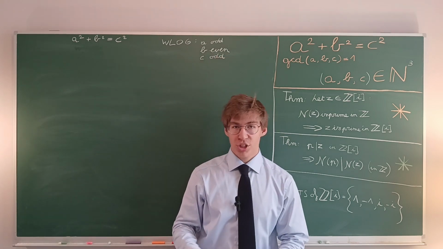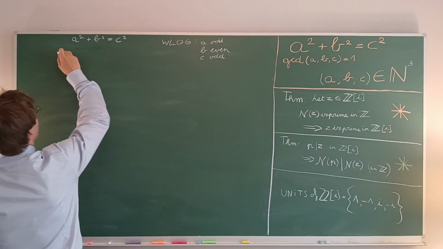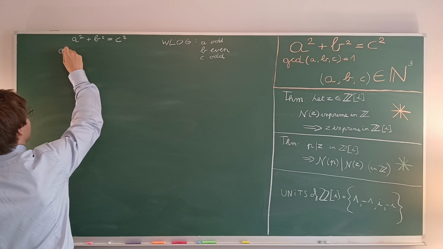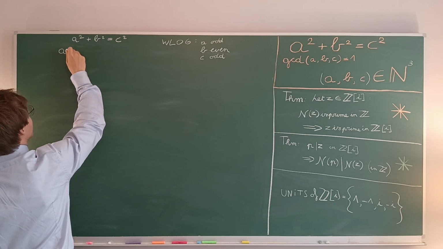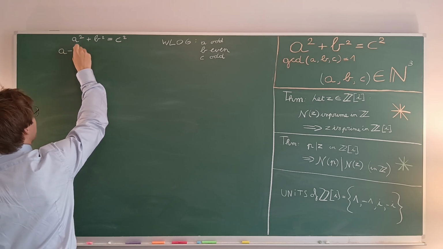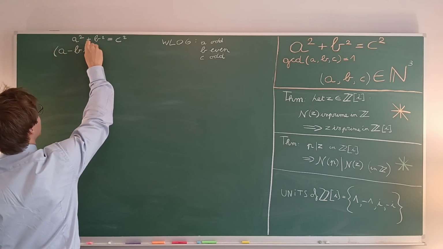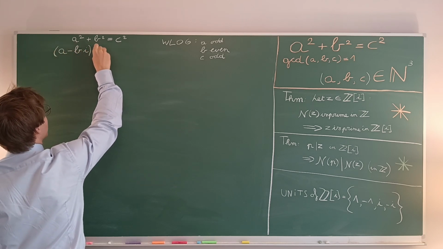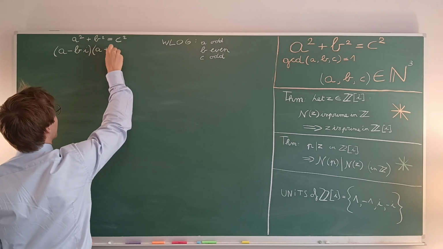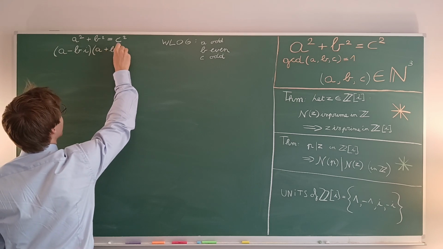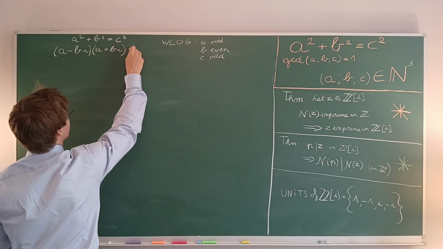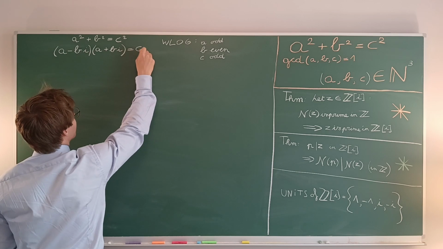And now comes the magic of this proof. We are going to factor the left-hand side into a minus bi times a plus bi in the Gaussian integers.